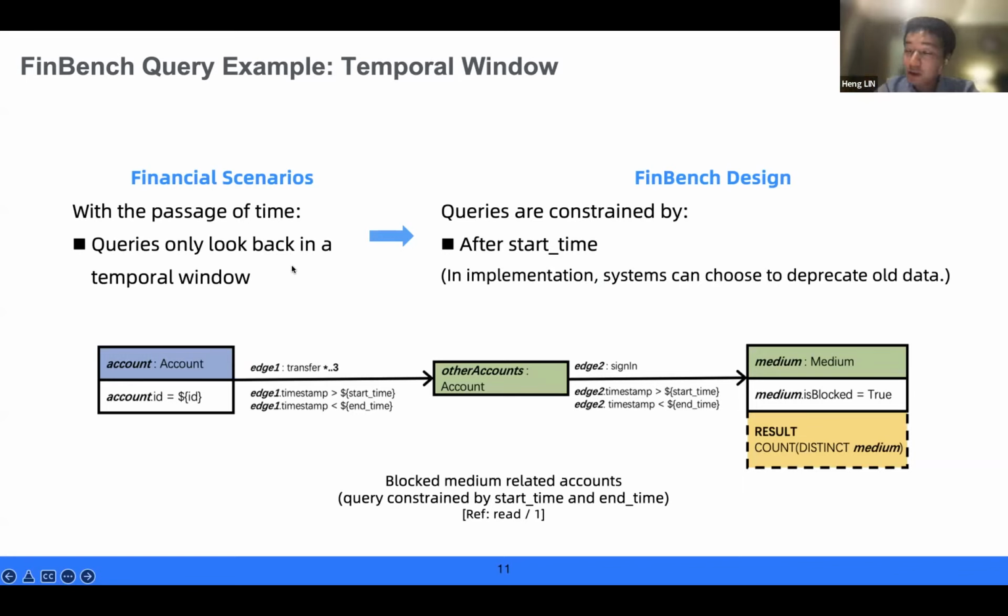For example, it can look back one week or one month, where the data is valid and has more impact on the final result. In this query, each edge has a timestamp, and it should be between the start time and end time. This is the temporal window constraint.